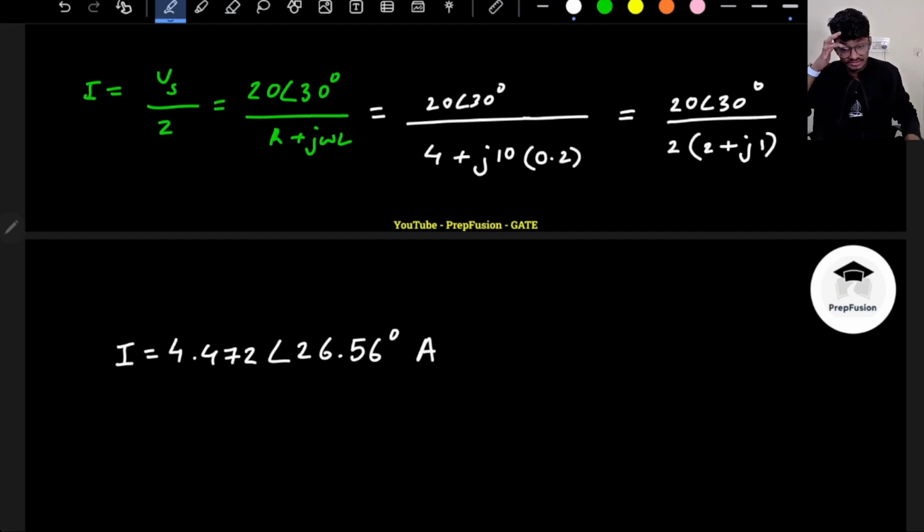This is the current basically in phasor format. You can find this out in rectangular format as well.